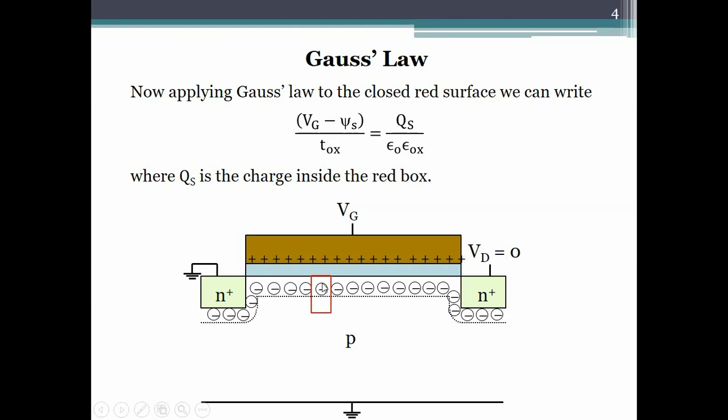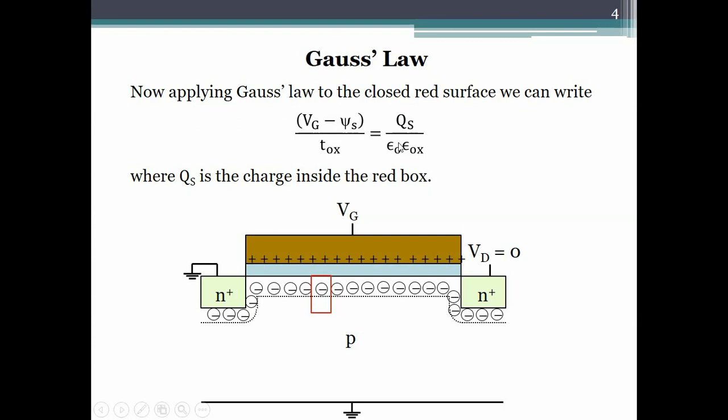So (Vg minus psi s) by Tox is actually the electric field in the oxide. The electric field is equal to the charge enclosed by this pillbox divided by the permittivity of the oxide, because we are writing the electric field in the oxide. The charge enclosed is Qs, which is the charge enclosed by this pillbox.